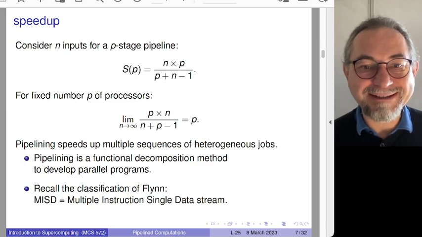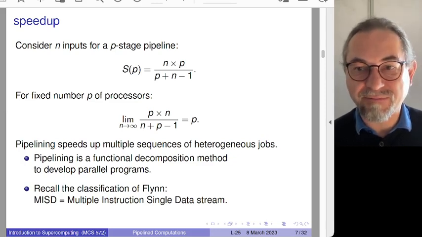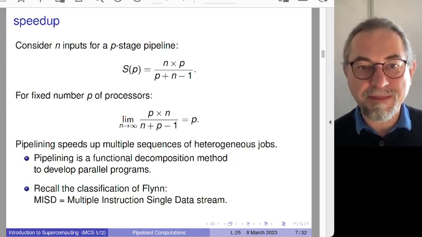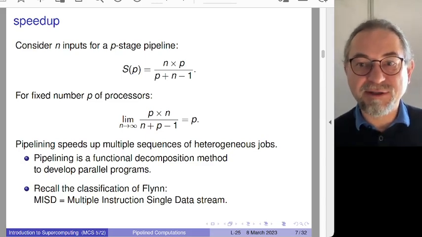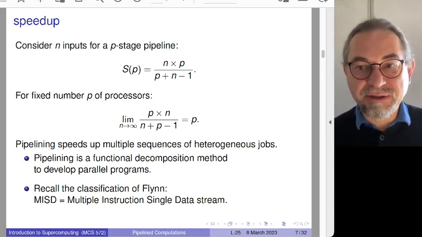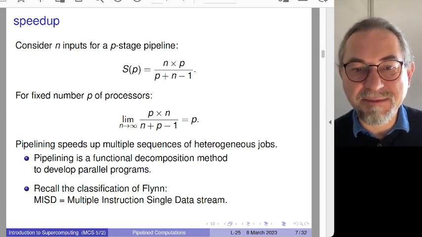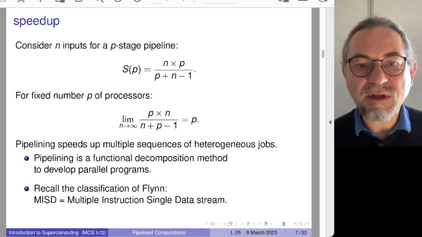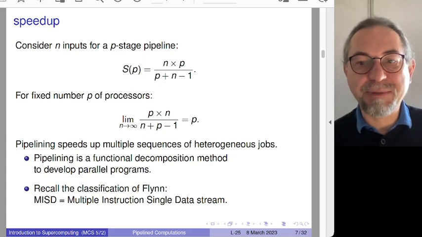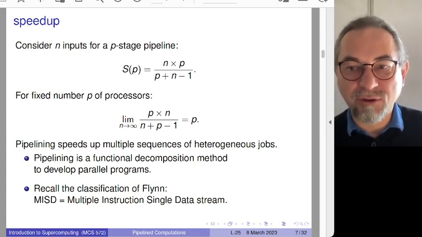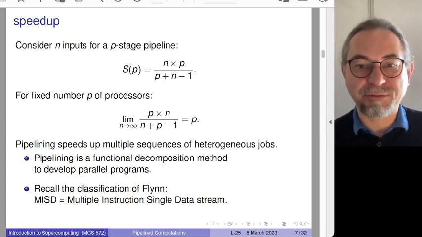Now you can see that in the limit, as we have a fixed number of processors, usually, but the number of items can grow unlimited, and by taking the limits, the dominant term is n, so the p minus 1 term in the denominator becomes negligible.